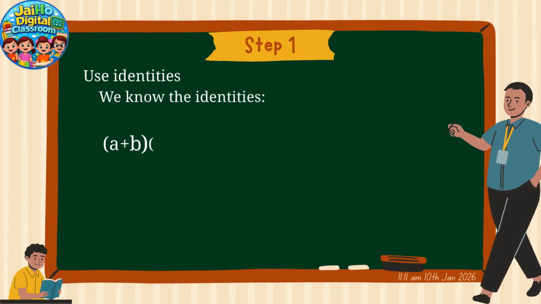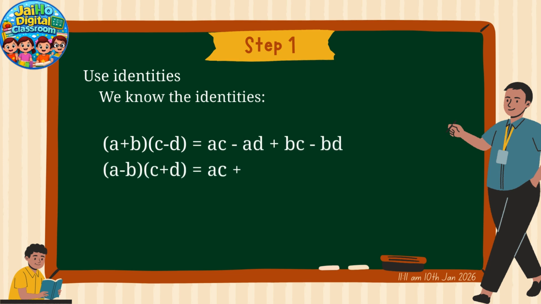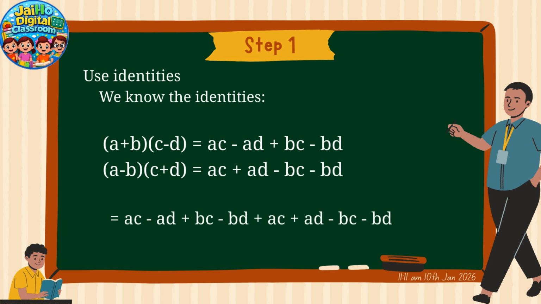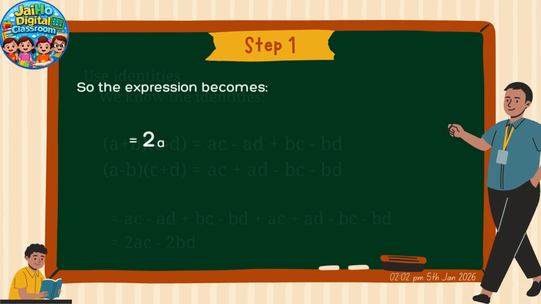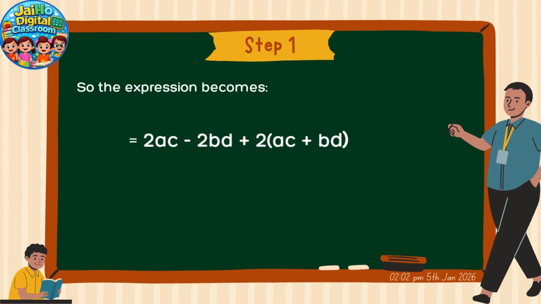First, we use the identity (a plus b)(c minus d) plus (a minus b)(c plus d) equals 2ac minus 2bd. So the expression becomes 2ac minus 2bd plus 2 times (ac plus bd).